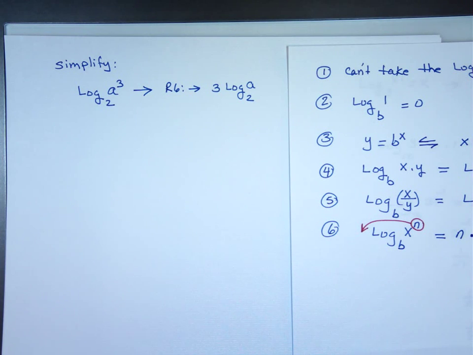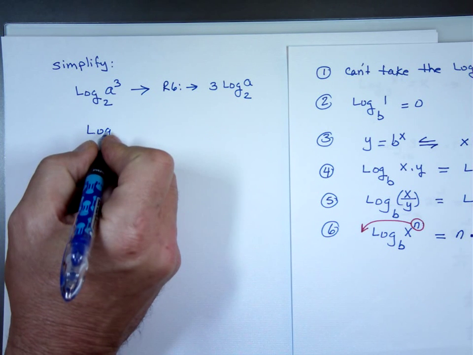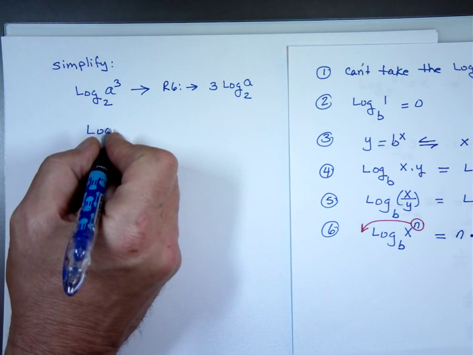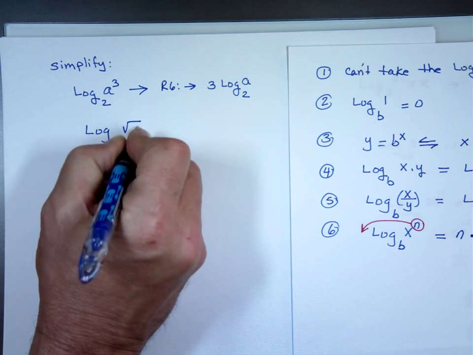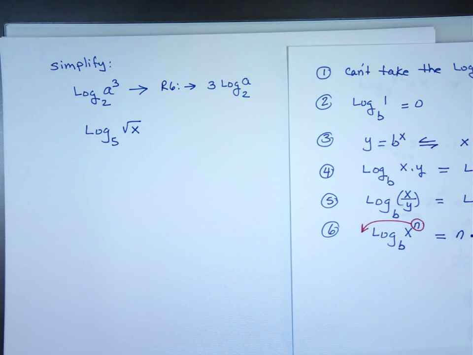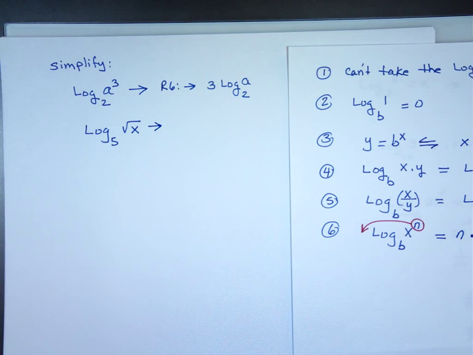Let's try this one. Log base 5, the square root of x. Again, what rule are you going to use? Would it be 6 again?